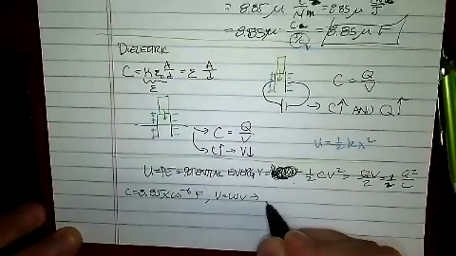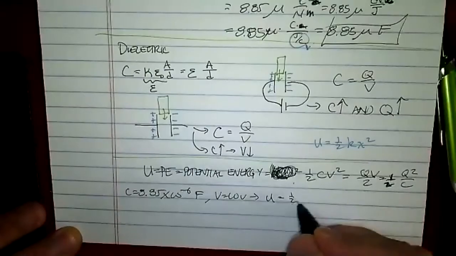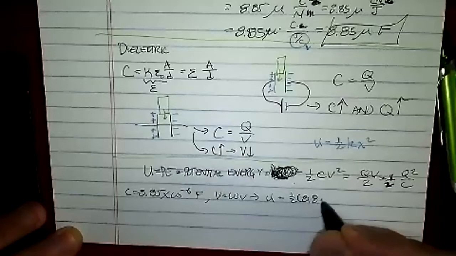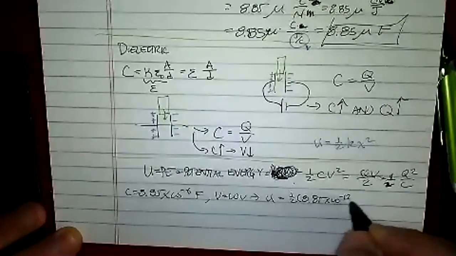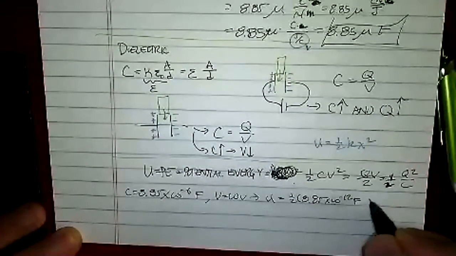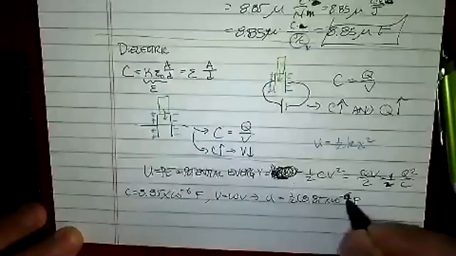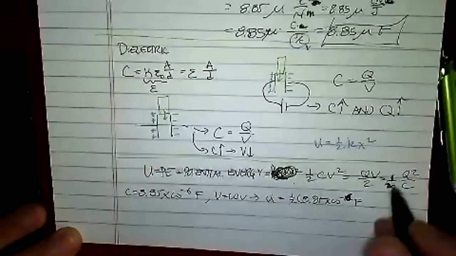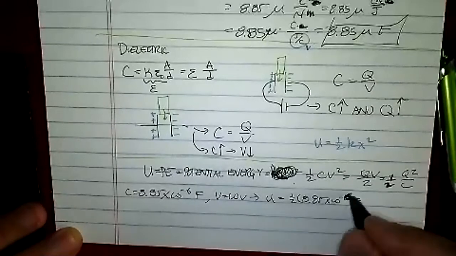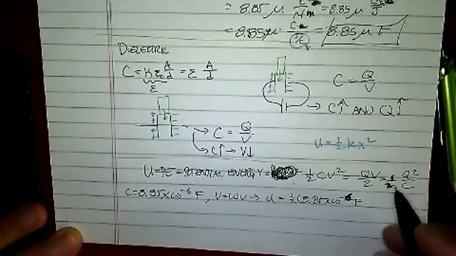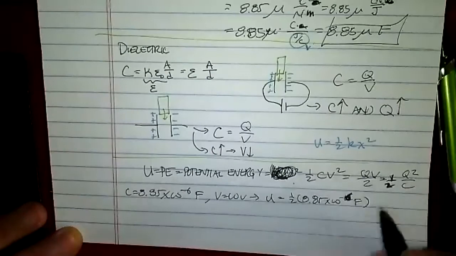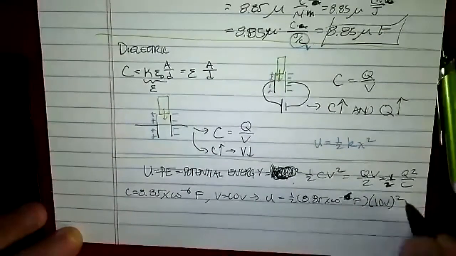That means the energy stored, U, would be 1/2 times 8.85 times 10 to the negative 6 farads. Ooh, I slipped into epsilon 0. That's a 6, everybody. Sorry about how horrible it looks. Times V squared, that's 10 volts squared.